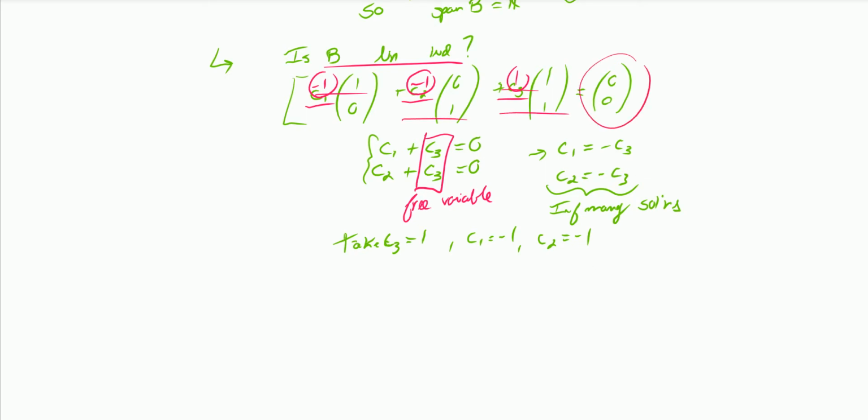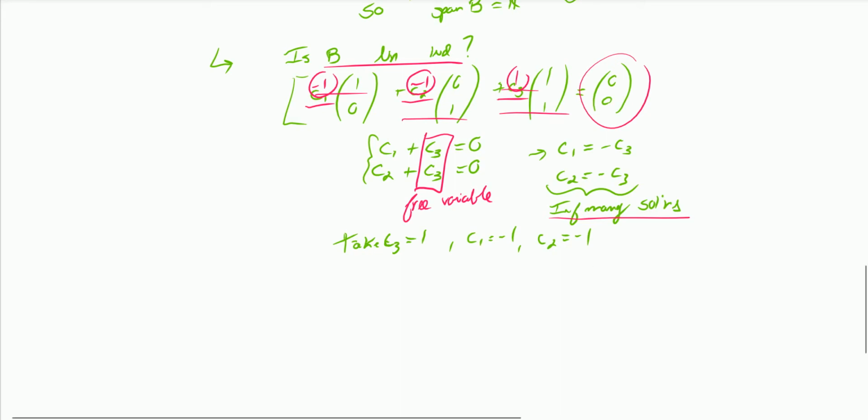We do get the zero solution, the trivial solution belongs to the solution space, but we have an infinite number of solutions. There's not just a trivial solution, but there are others.